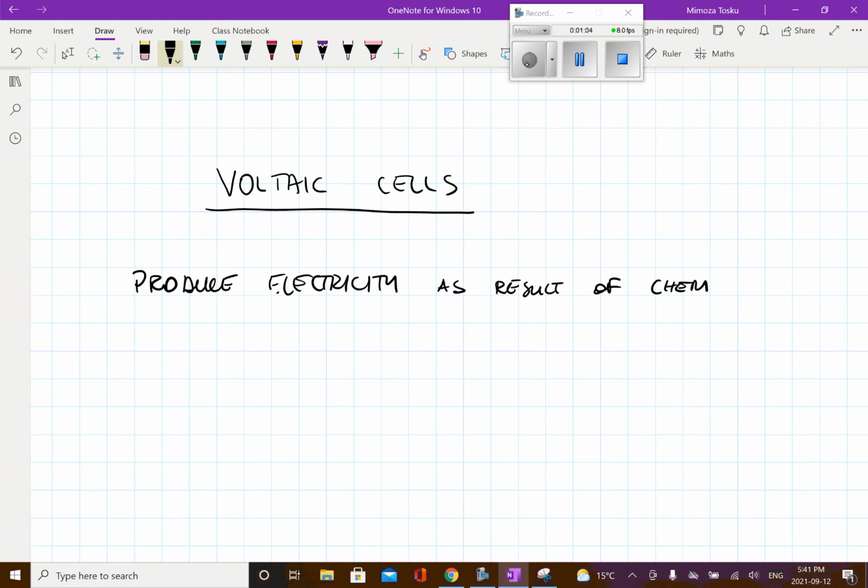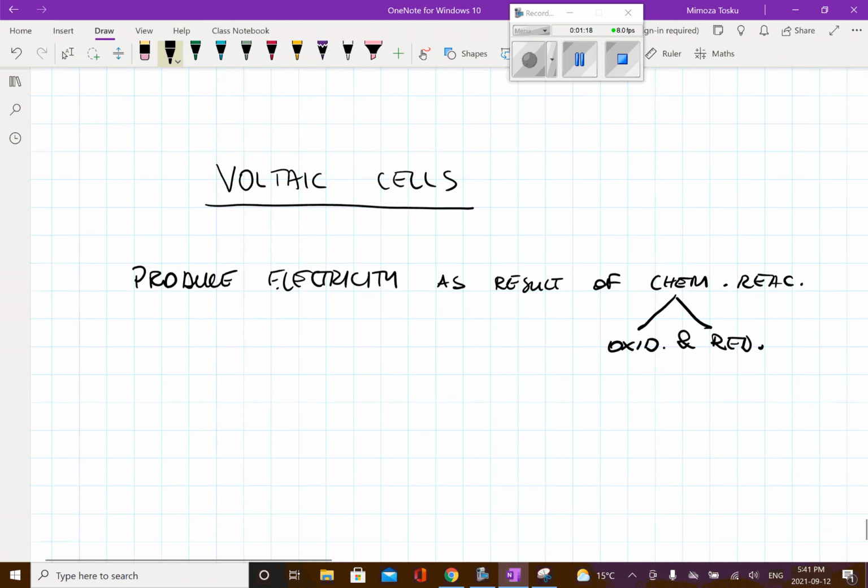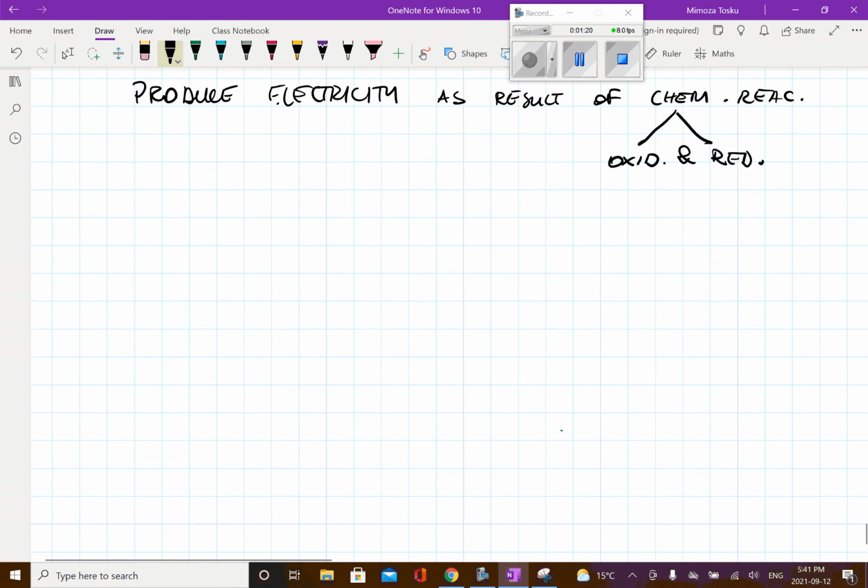And what reaction is it? It is nothing but oxidation and reduction reactions. So specifically, oxidation and reduction reactions.